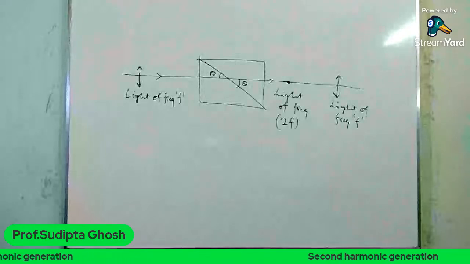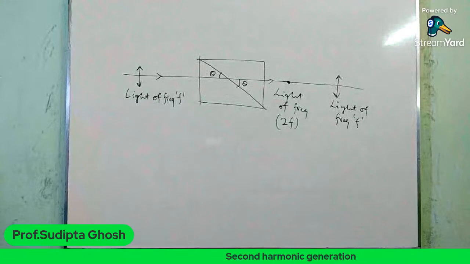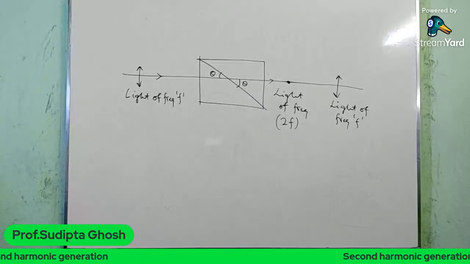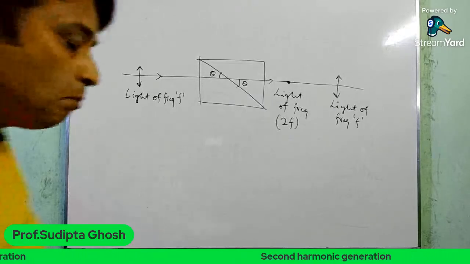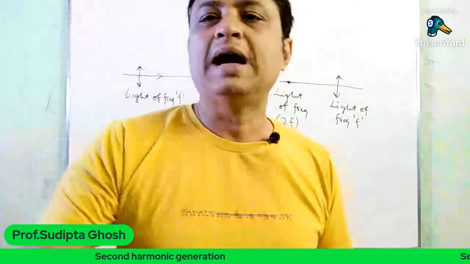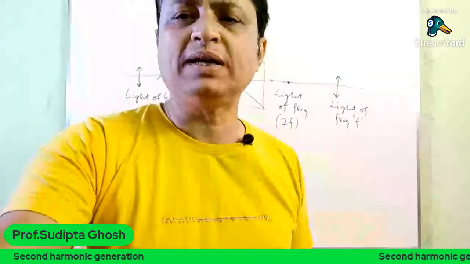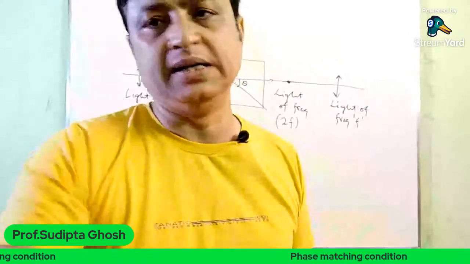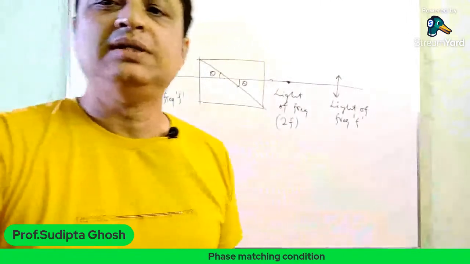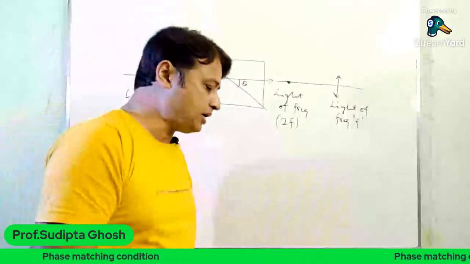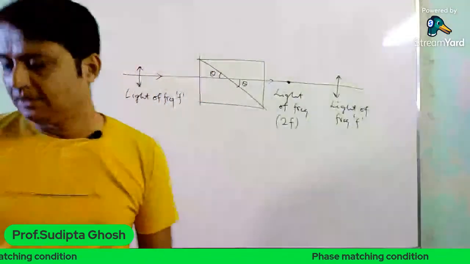Now to make this happen, we have to comply with another condition, which is known as the phase matching condition. This is also a very important topic to discuss here.